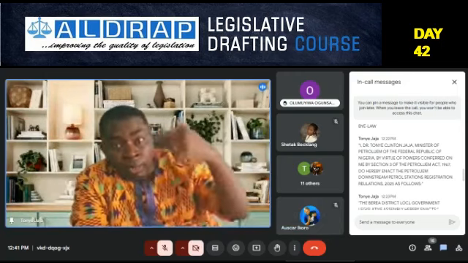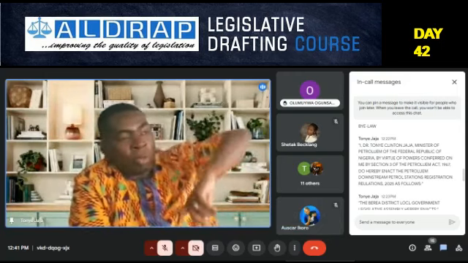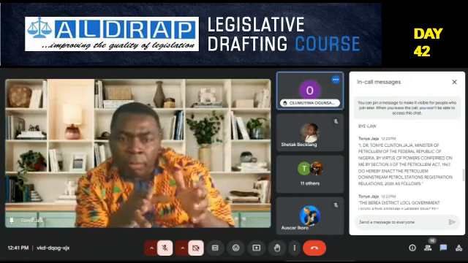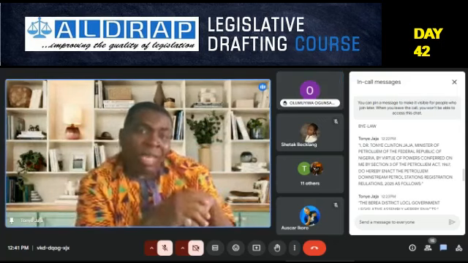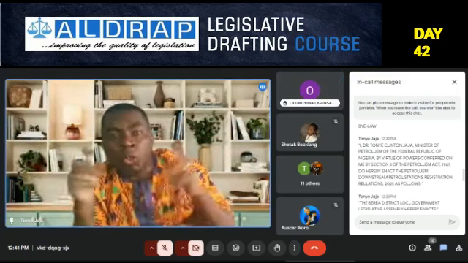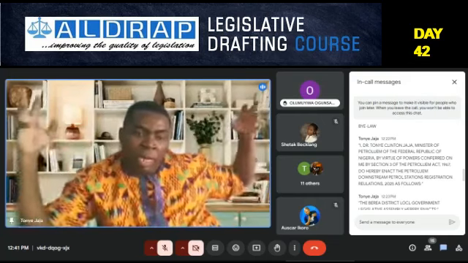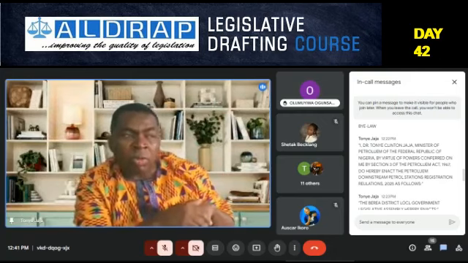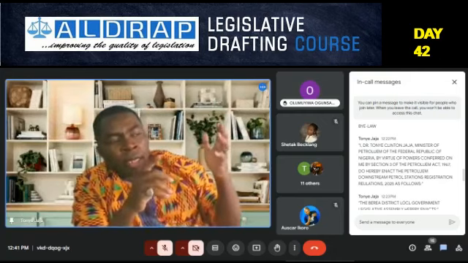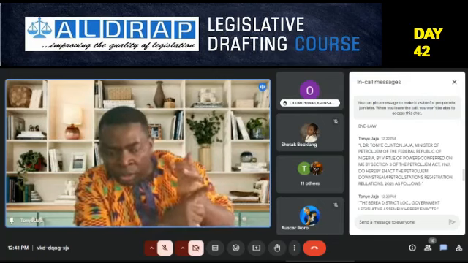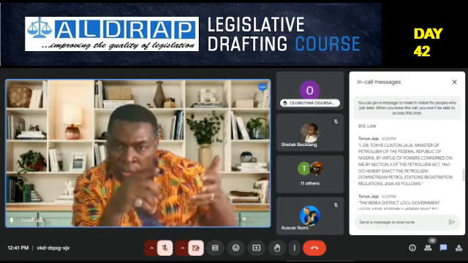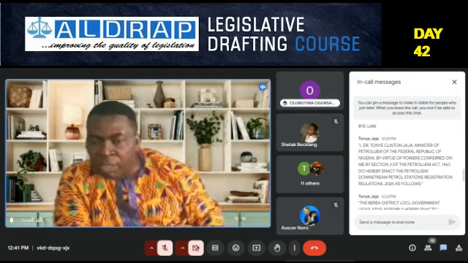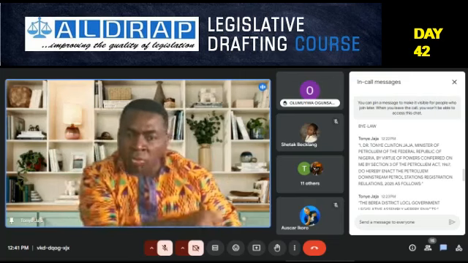And another thing you need to know: a particular subsidiary legislation may have 2 sources of primary legislation that give it power. For example, with these High Court rules, if you read the one of Rivers State, in addition to the Rivers State High Court Law, the Constitution also empowers the Chief Judge of every state to make rules for court.